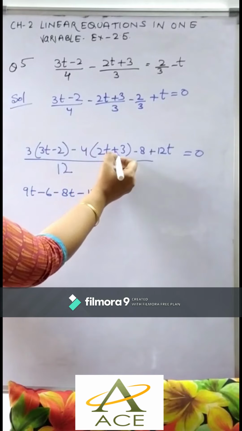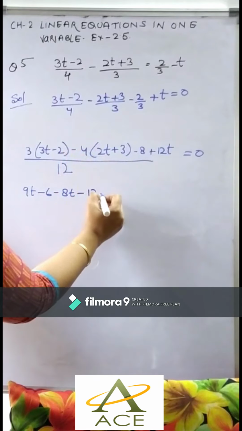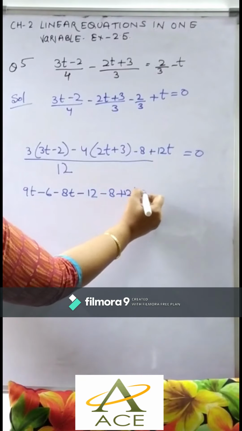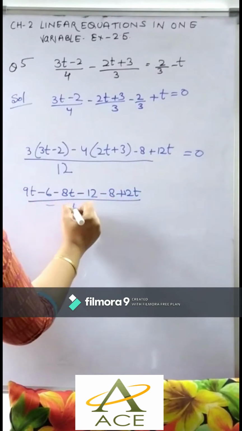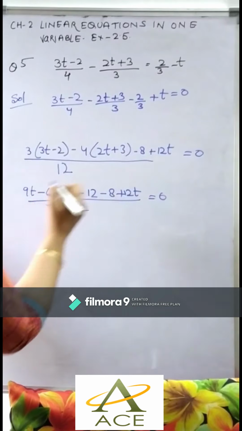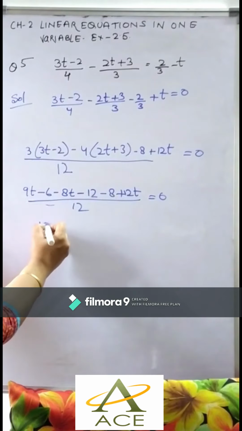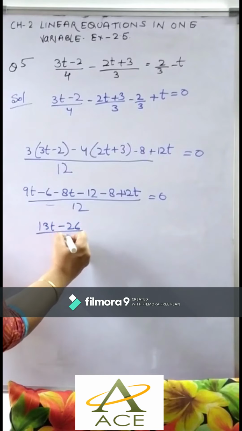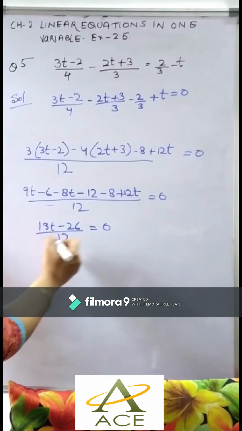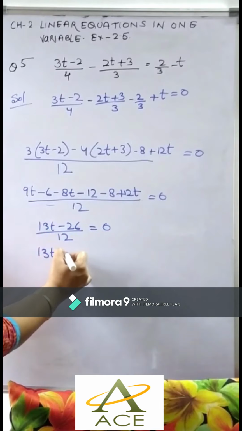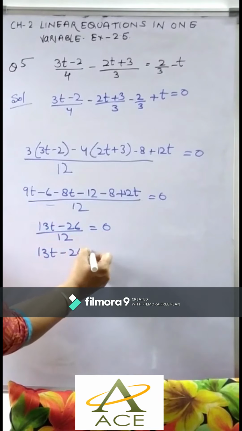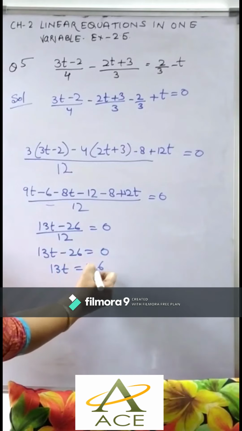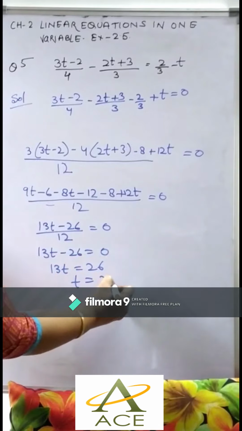Again the sign will change as minus is outside. Minus 8 plus 12t upon 12 is equal to 0. 13t minus 26 upon 12 is equal to 0. 13t minus 26 is equal to 0. 13t is equal to 26 and t will get as 2.